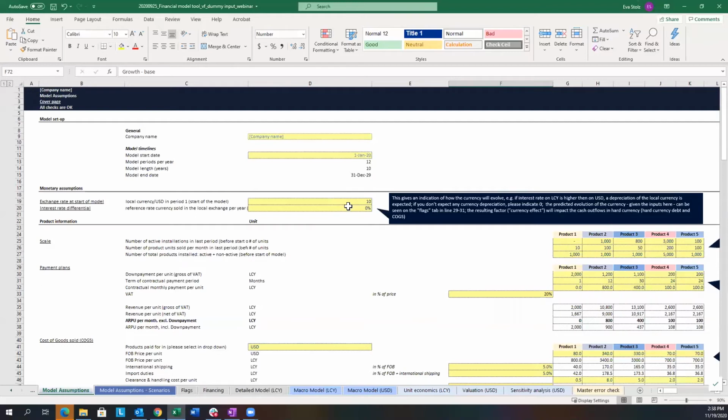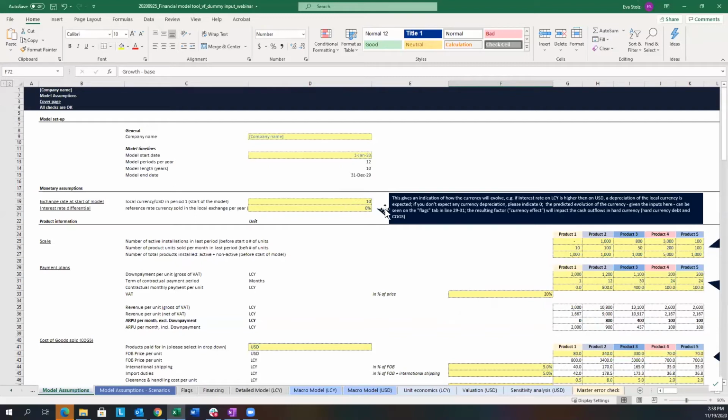in hard currency. The same is true with the cost of goods sold. If a company buys products in foreign currency but the revenues are in local currency, then if there's a depreciation and you don't adjust the pricing, the margin worsens significantly, because your products are getting relatively more expensive.